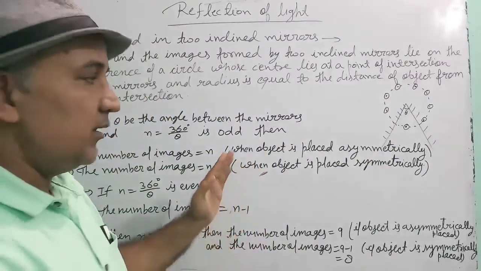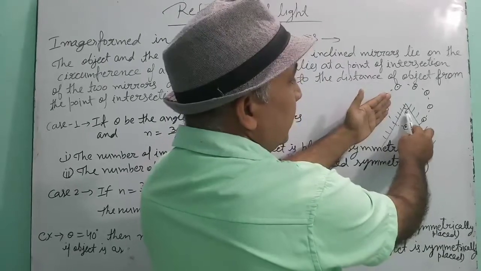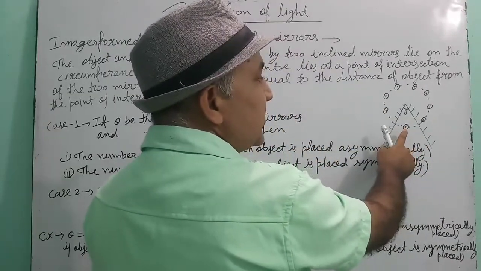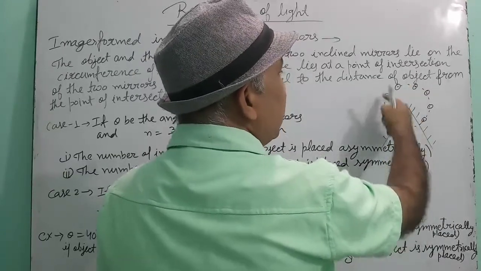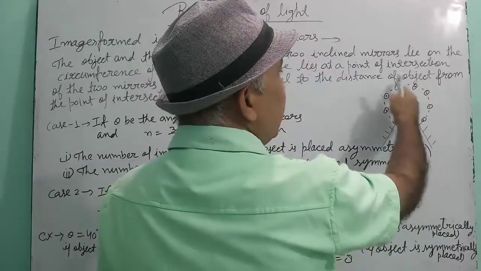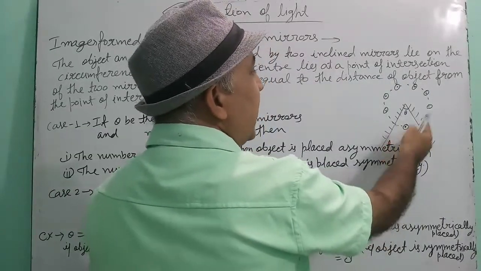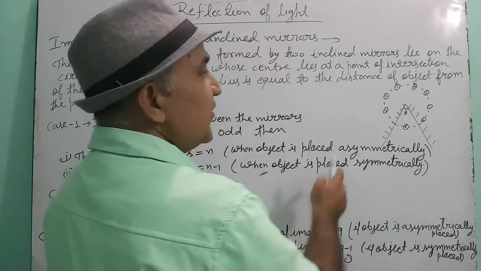Is this clear? Two mirrors have been kept in this way at angle theta, and this is the object. Then the object and images formed by the mirrors will lie on a circle circumference. Understood?